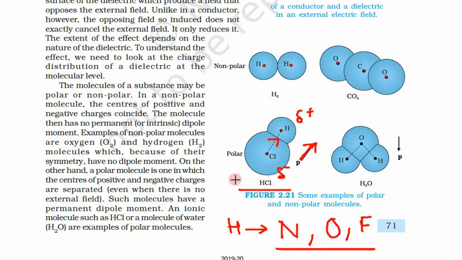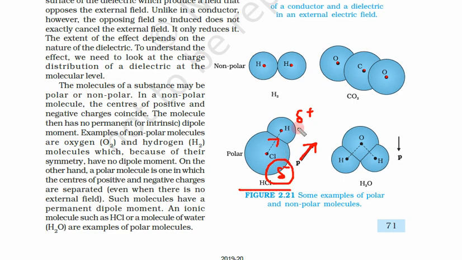But it is quite similar to hydrogen bonding, in that this chlorine attracts a little bit of negative charge, or electron, towards its side, so it becomes slightly negative, and this hydrogen shifts its electron towards chlorine, so it becomes slightly positive. So there is a permanent dipole moment.